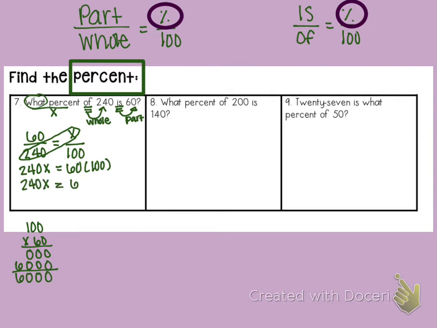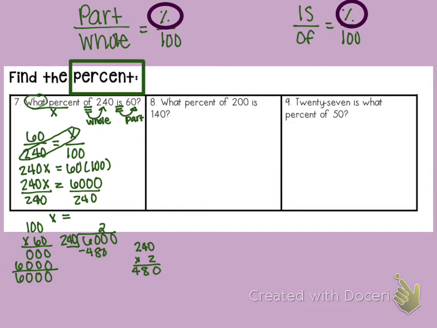240x equals 6,000. And then our last thing that we're going to do here to solve for x is divide by 240. And we'll get x equals 6,000 divided by 240, which is probably 2 times, but let's multiply over here just to make sure. 0 times 2 is 0, and 4 times 2 is 8, and 2 times 2 is 4. 480, yeah, 2 times.